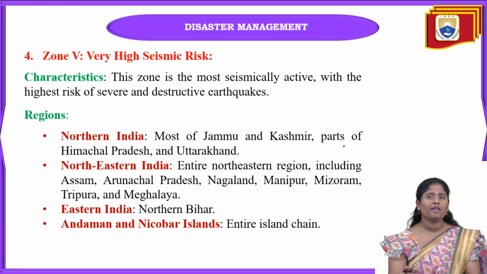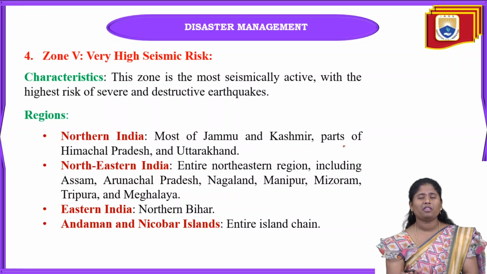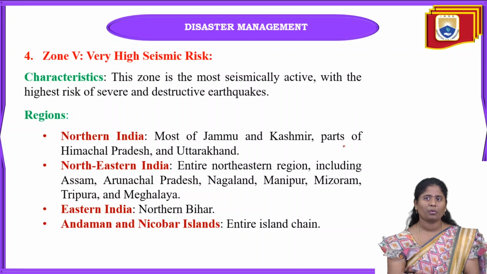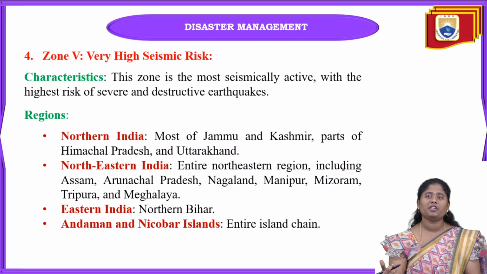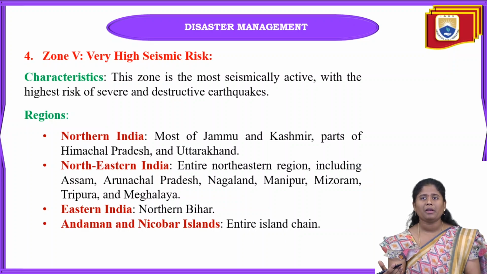Means automatically there will be a high risk of earthquakes in these areas. Okay. And northeastern India, some areas like Arunachal Pradesh, Meghalaya, Manipur, Mizoram, and here those are very actively participating areas with a very large number of earthquakes occurring.